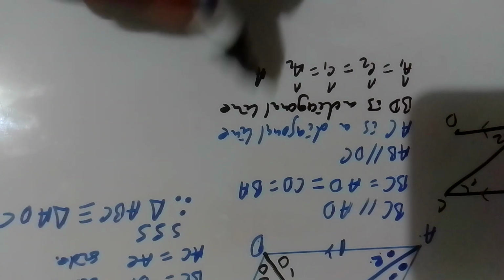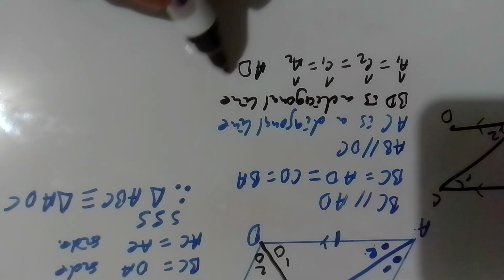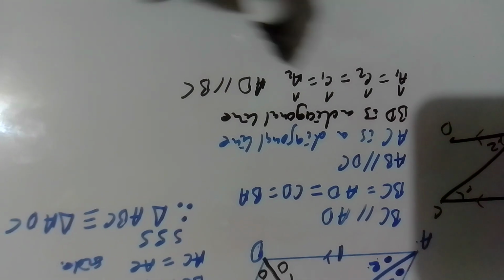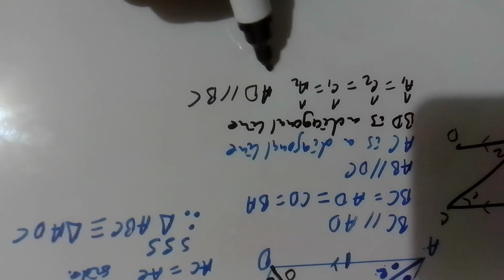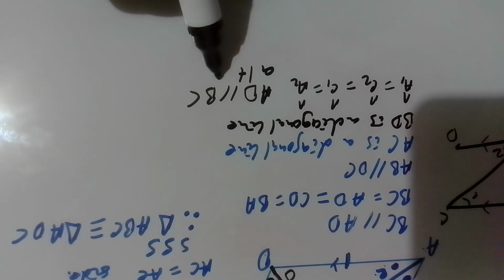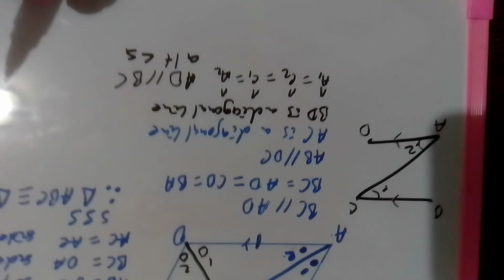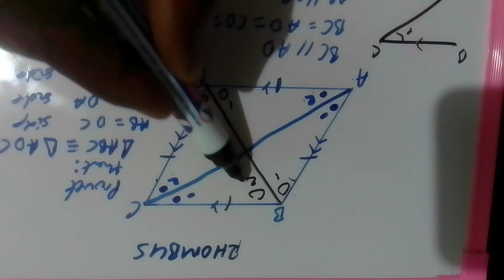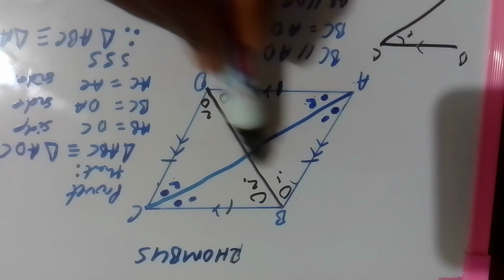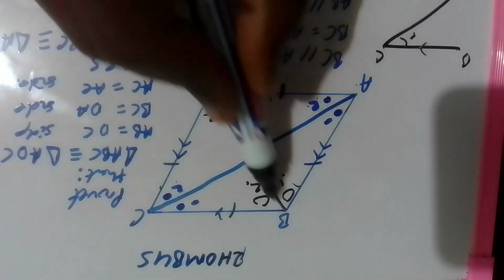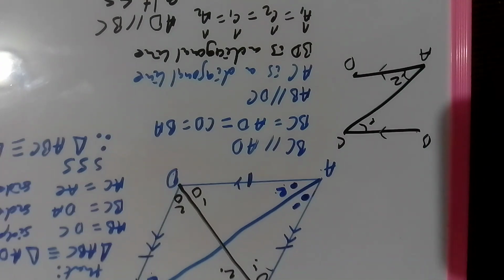because all of that is caused due to the fact that I've got line BC and line AD that are parallel. So I say it is so because of line AD, which is parallel to line BC. So therefore all these angles that I cited are alternate angles. And then I come to angle D1 here being equal to angle B2 and angle B1 being equal to angle D2. Also it's alternate angles.